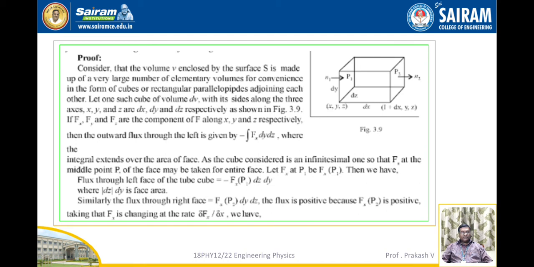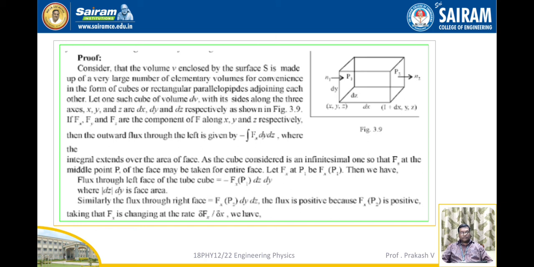So here we have to consider that the volume V enclosed by the surface S is made up of a very large number of elementary volumes, for convenience in the form of cubes or rectangular parallelepipeds adjoining each other.